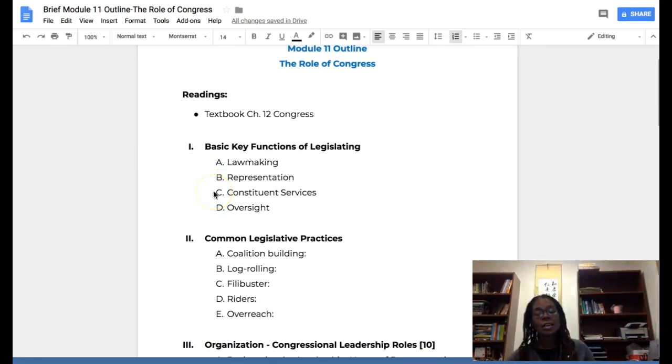Constituent services is another important function of being a legislator. So you might consider constituent services to be a kind of casework that is done on an individualized level when individual constituents or groups of constituents approach their legislators with a particular problem, issue, or concern.